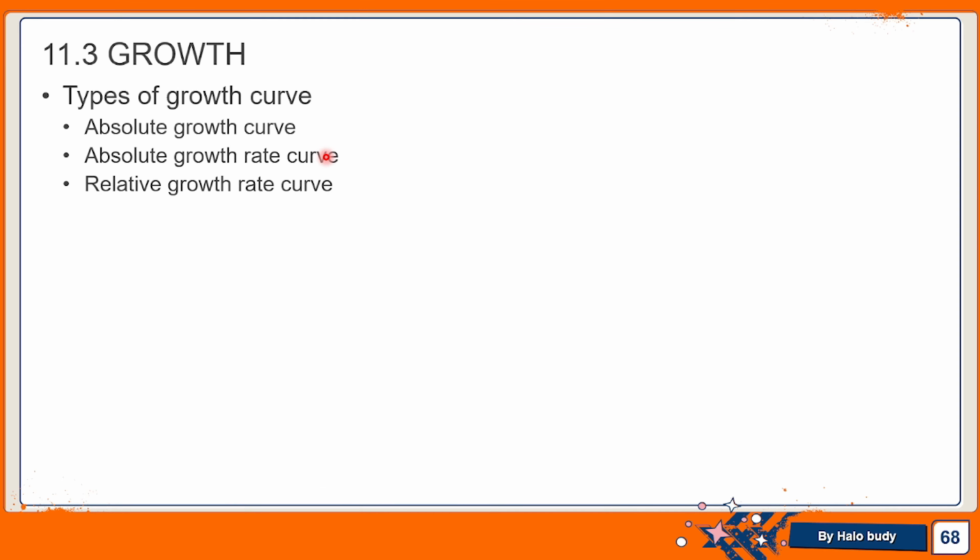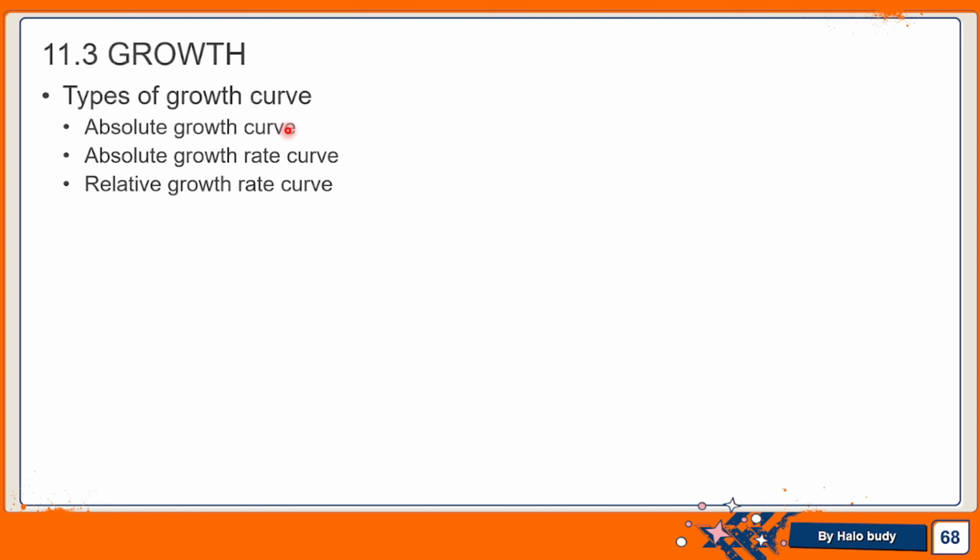Okay, so there you need to learn about the types of growth curve. Of course, when you learn about growth, you need to learn about growth curve. There are three types of growth curve that you need to know, and you need to know how to calculate it. What is absolute growth curve? The major important thing is that you need to know the x-axis unit and also the y-axis unit. They are different.